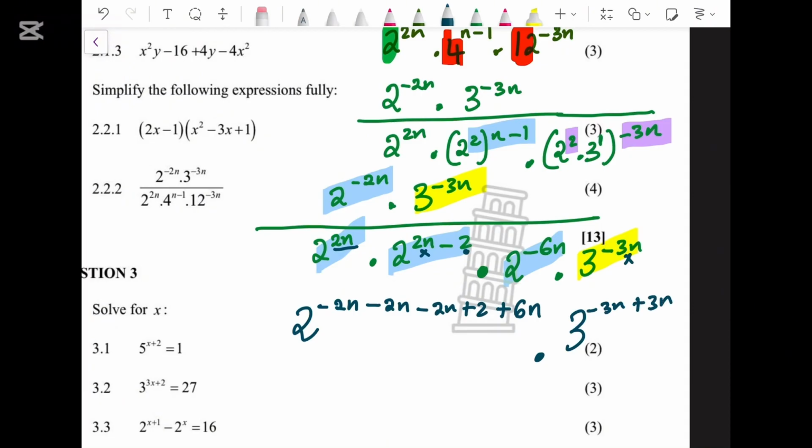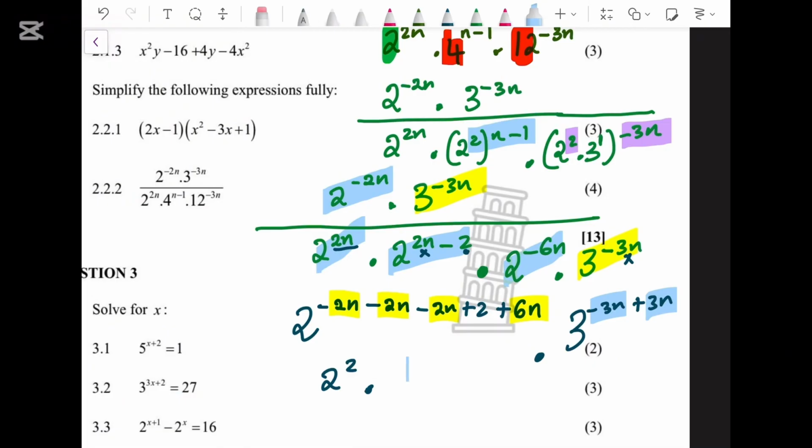So now here, we have like terms. So this, that, and that one. So minus 2 minus 2 minus 2 plus 6, it will be 0. So we are left with 2 to the exponent 2 multiplied by, with that one, this and that, and then they cancel out.